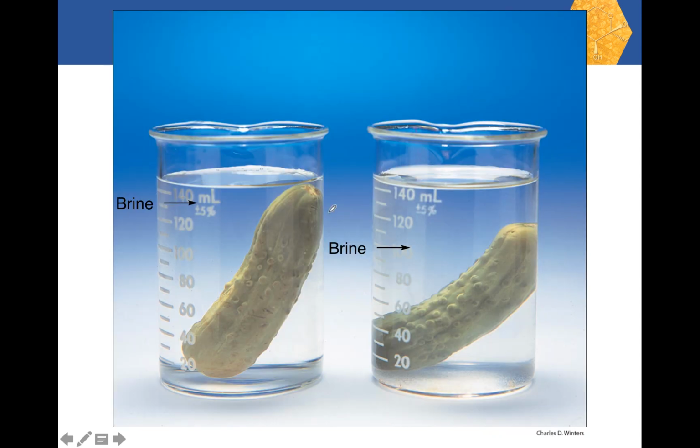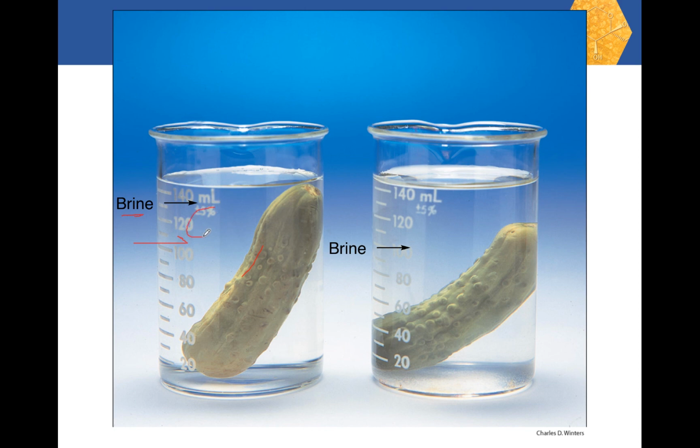And of course, one practical application here is having a cucumber here and making pickles from cucumber. So we have here a pickle, and we place that in a solution of brine, which is really concentrated salt solution. Notice concentrated salt solution.